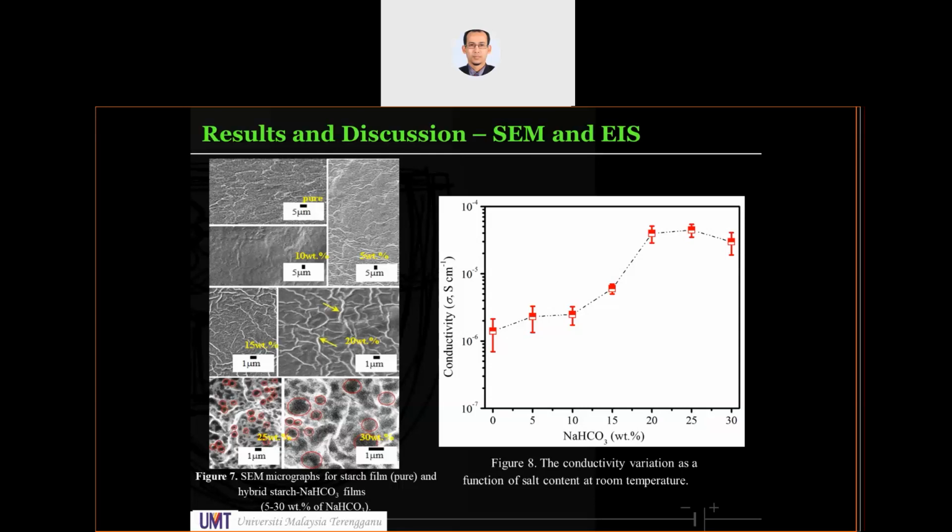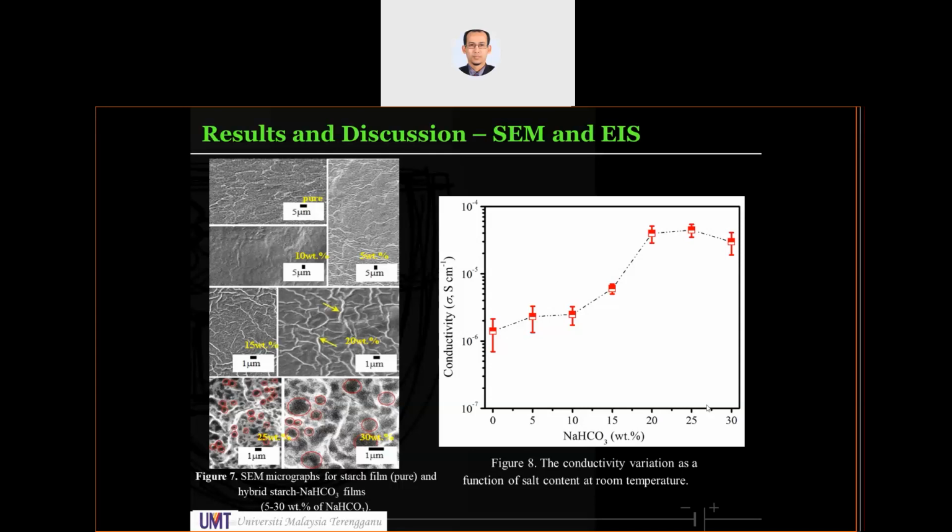We can see that the pore size at 20% and 25% is smaller compared to the sample with 30 percent of salt.